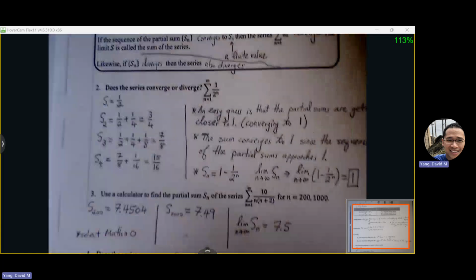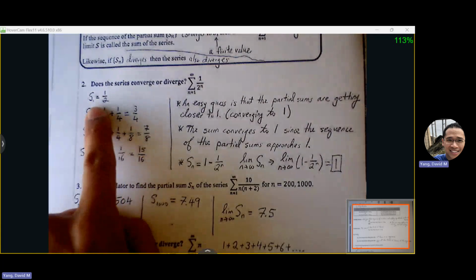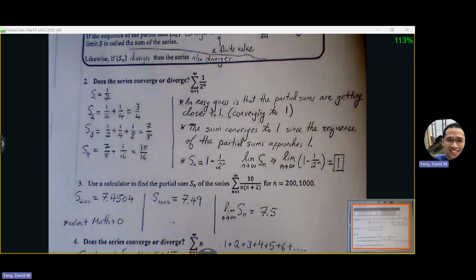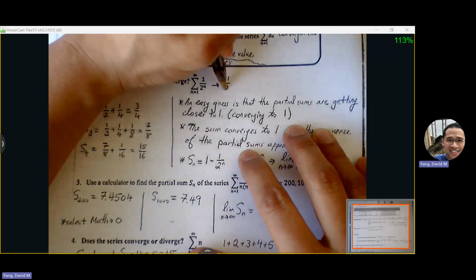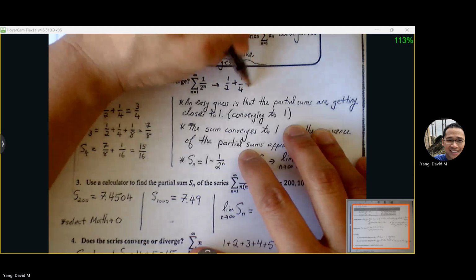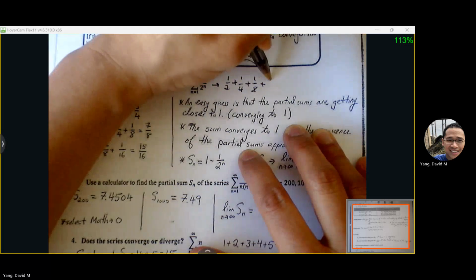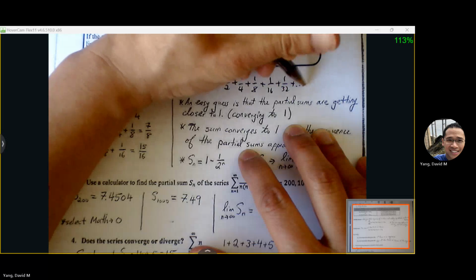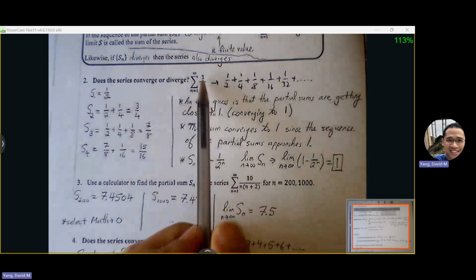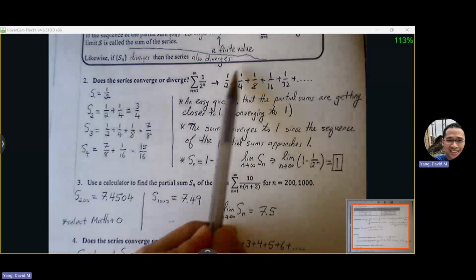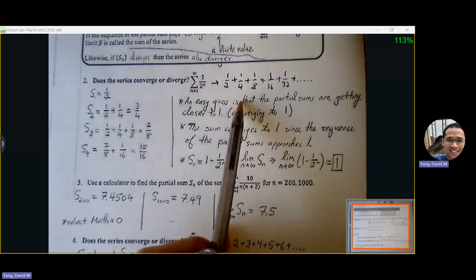So here's an example. The partial sum S sub 1 is just my first term, which is 1/2. A partial sum allows us to break this down and look at it in individual parts.